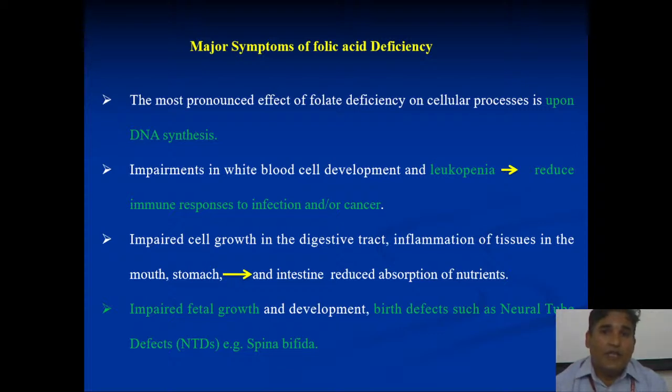Major symptoms of folic acid deficiency: the most pronounced effect of folate deficiency is on cellular proliferation, because DNA synthesis gets inhibited, impairing white blood cell development, causing leukopenia, reduced immune response to infection or cancer, and impaired cell growth in the digestive tract, inflammation of the tissue in the mouth, stomach, and intestine, reducing absorption of this nutrient.